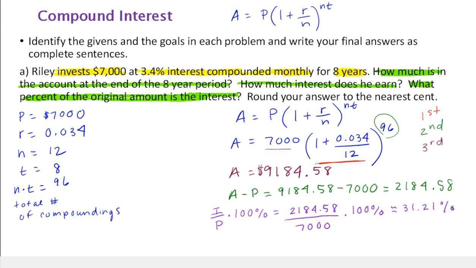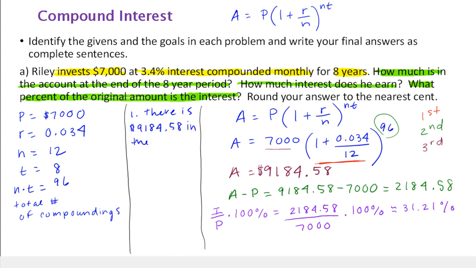Okay, so we've answered our 3 questions, so now let's write our answers as complete sentences. So the first one was how much is in the account at the end of the 8-year period. So our answer is there is $9,184.58 in the account.